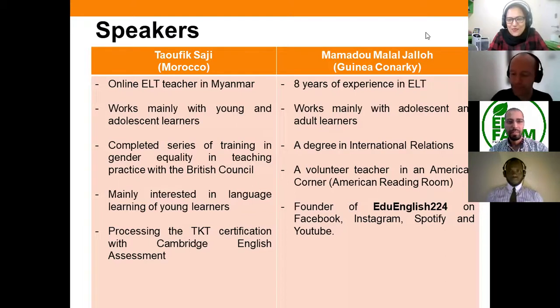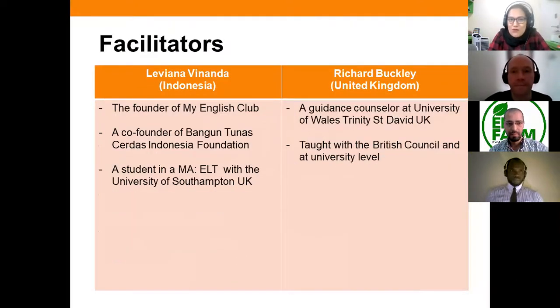Now, to help you get the best experience in these discussions, there are two facilitators joining in. There is myself, of course. My name is Levi. I'm from Indonesia, and I'm the founder of My English Club and the co-founder of Bangun Tunas Cerdas Indonesia Foundation, which is the host institution of this event. And I'm a student in a master's program in English language teaching with the University of Southampton.